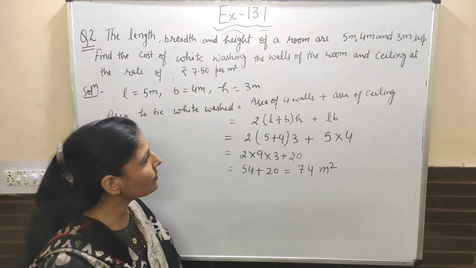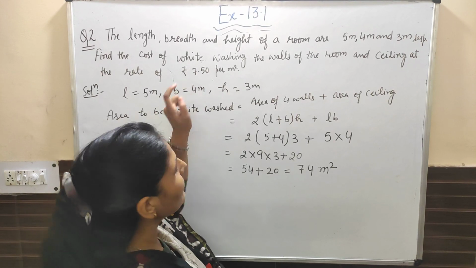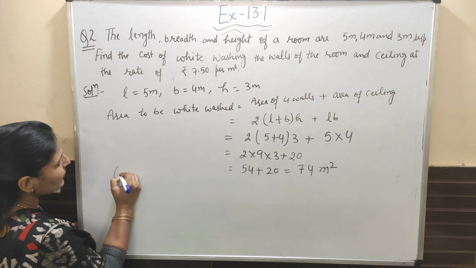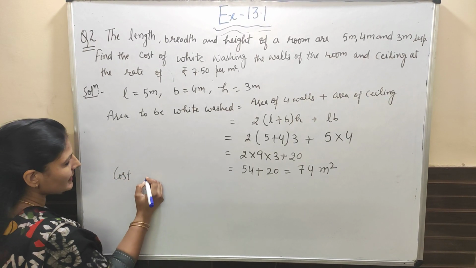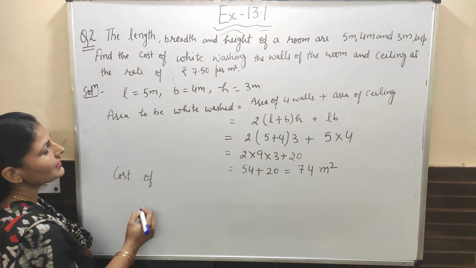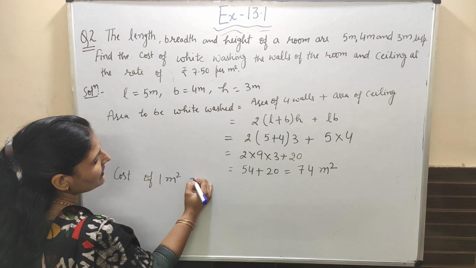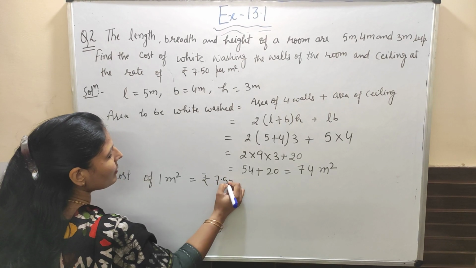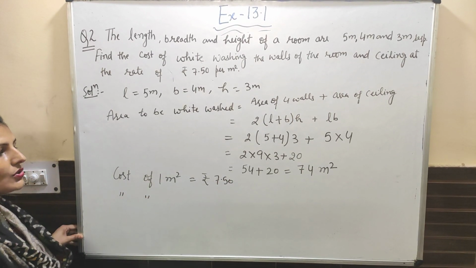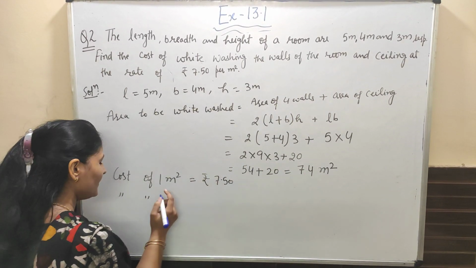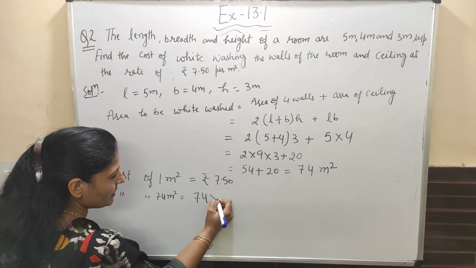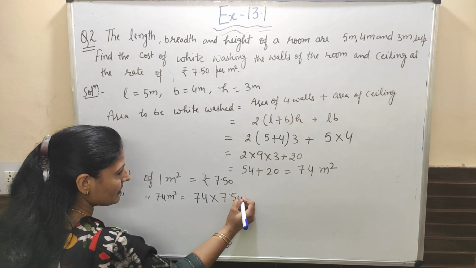Now we have to calculate the cost. Okay, at the rate of this. Cost of 1 meter square, again we have to do the same thing as we have done in previous question. Cost of 1 meter square is rupees 7.50, and cost of area 74 meter square will be 74 into 7.50.